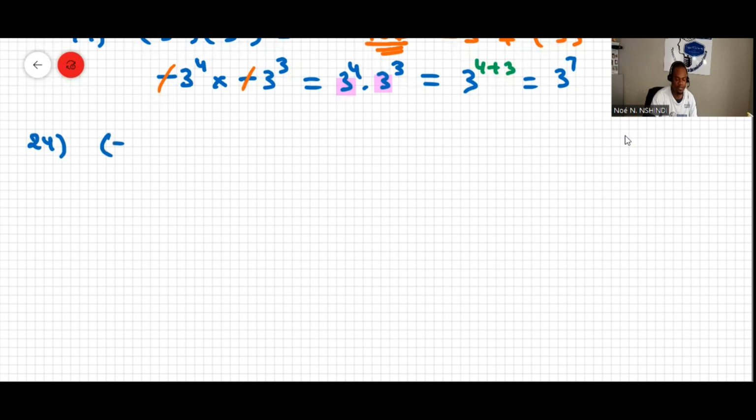That's going to be (-3x cubed) raised to the power of 2, and then (-3x cubed) to the power of 3. And this is equal to, I can write it this way.